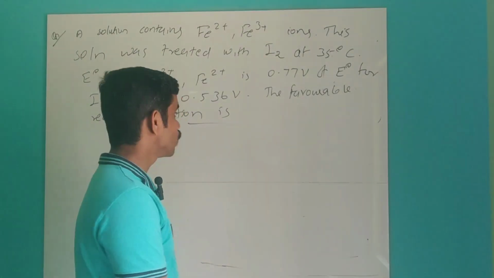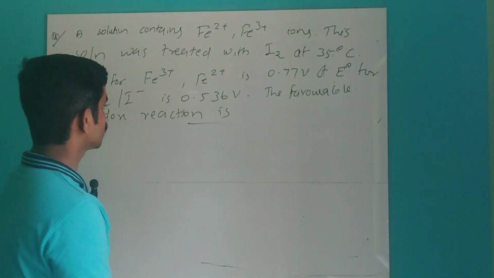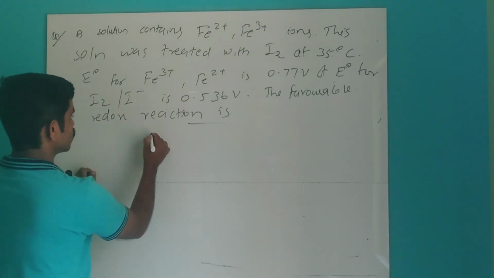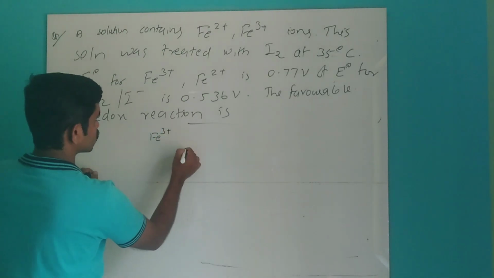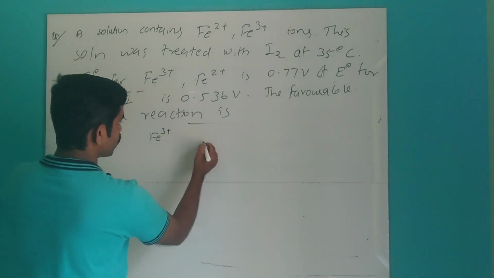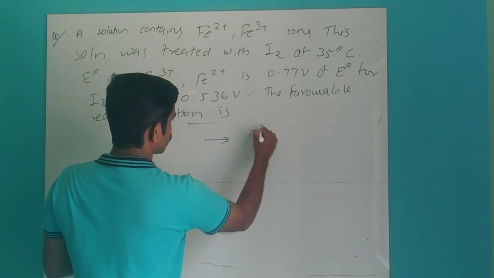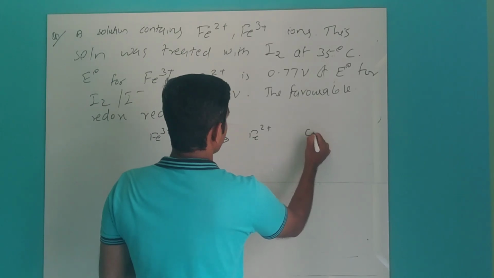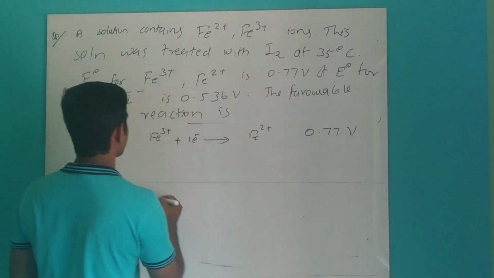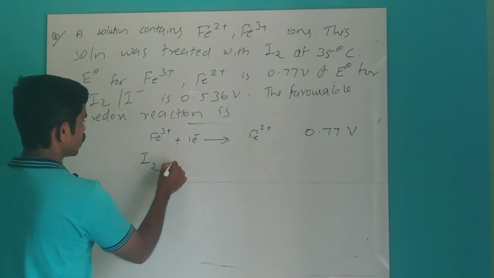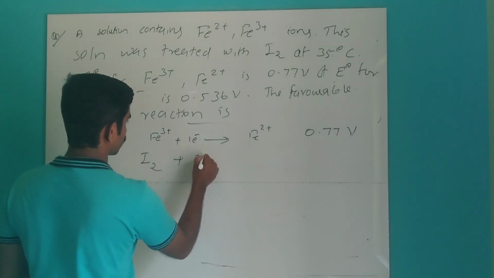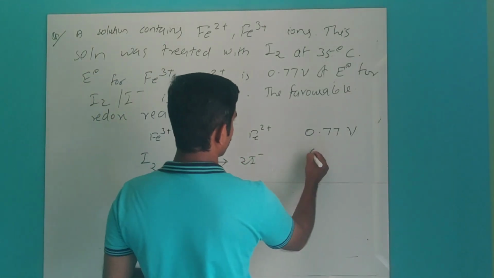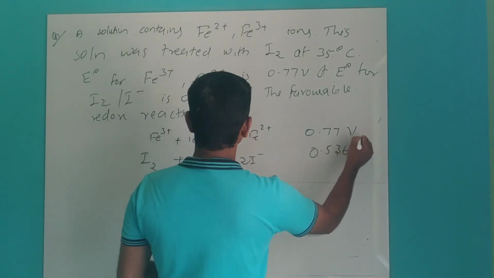So here reduction potential values are given, right? So you write that one. Fe3+ is becoming Fe2+ and the reduction E0 value is equal to 0.77 volt. And that of iodine, I2 is accepting 2 electrons to form 2I minus and the reduction value is 0.536 volt.